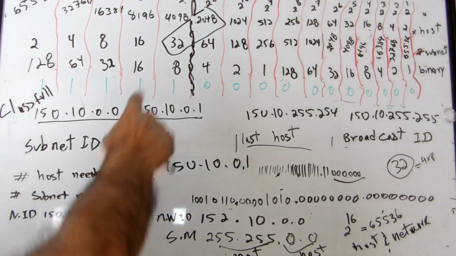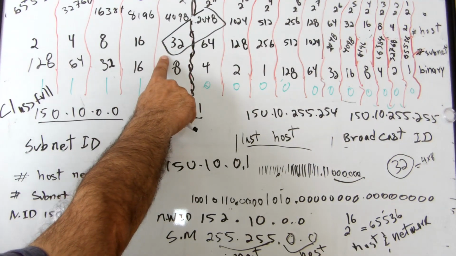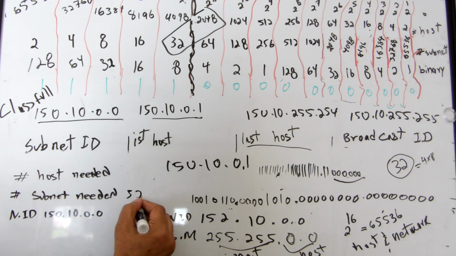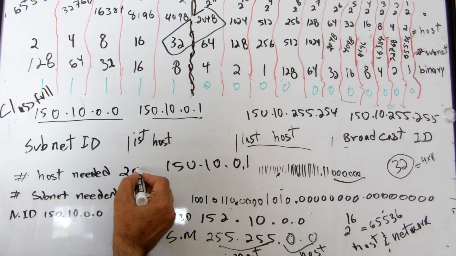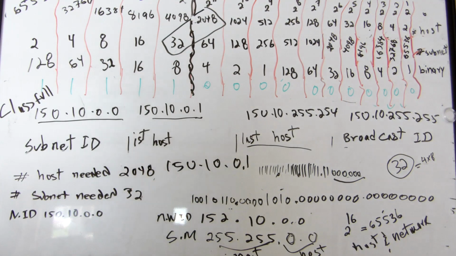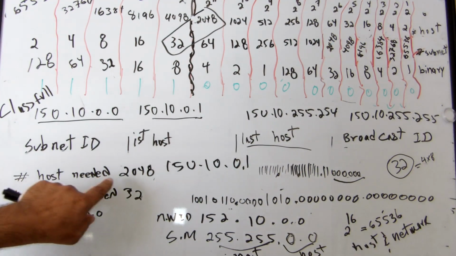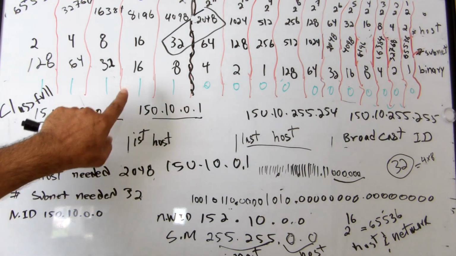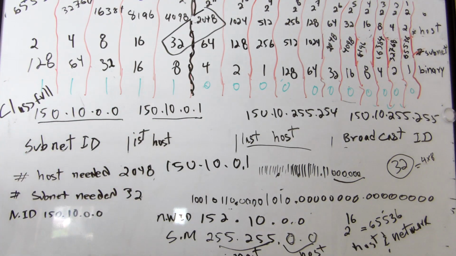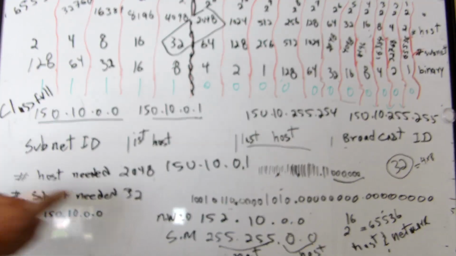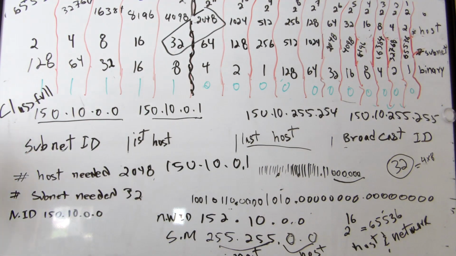If you need 32 subnets, then you have to have this one. Maybe you don't need it, you just need 2000, but you have to choose this one if there are 32 departments, for example.